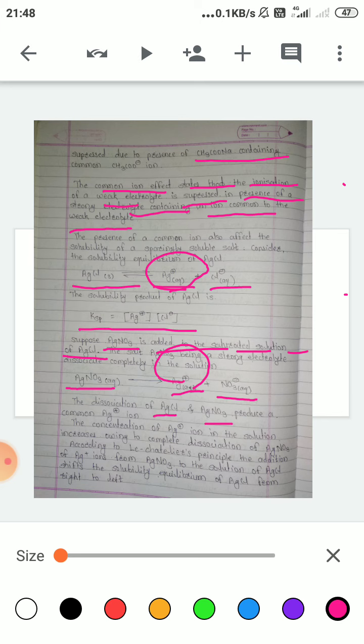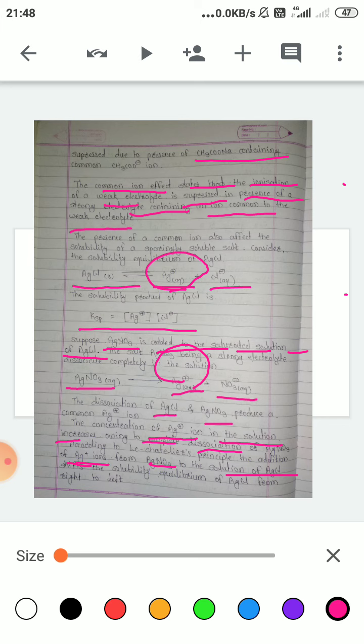The dissociation of silver chloride and silver nitrate produces a common ion, the Ag plus ion, and therefore the concentration of Ag plus ion in the solution increases owing to the complete dissociation of AgNO3. According to Le Chatelier's principle, the addition of Ag plus ion from silver nitrate to the AgCl solution shifts the equilibrium from right to left.